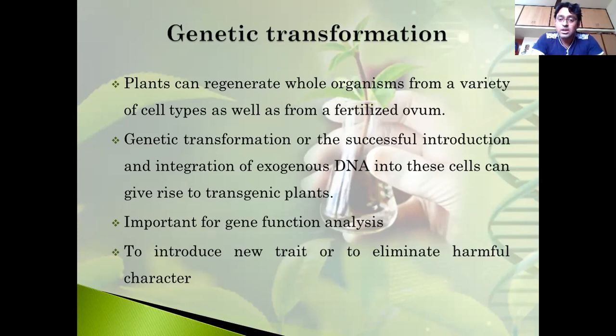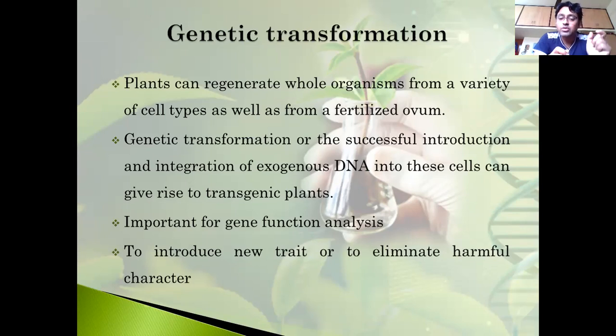But if I want to confirm this function, that yes, if we overexpress this gene in the plant, then the plant becomes drought tolerant, or if we can mutate it, or make a knockout mutant copy in the plant for this gene, then the plant becomes susceptible to that particular kind of stress or drought stress. So to develop this kind of overexpression plant, or the silenced plant, or any kind of mutated plant, we need to transform this plant.